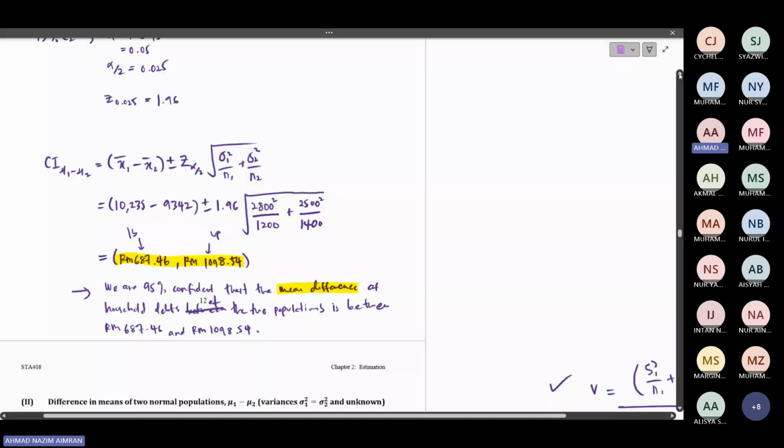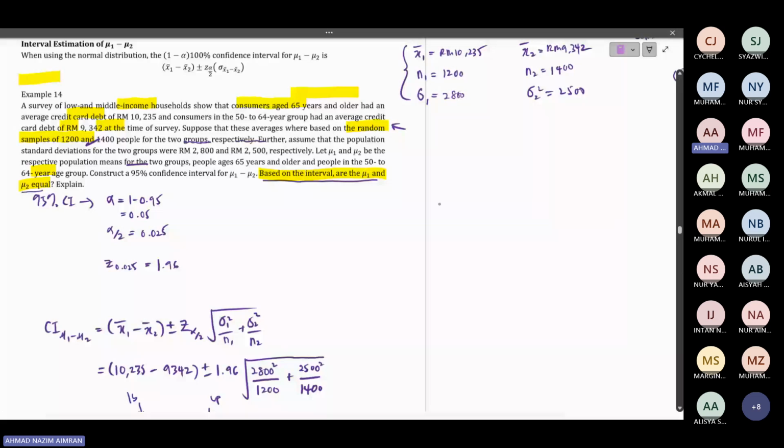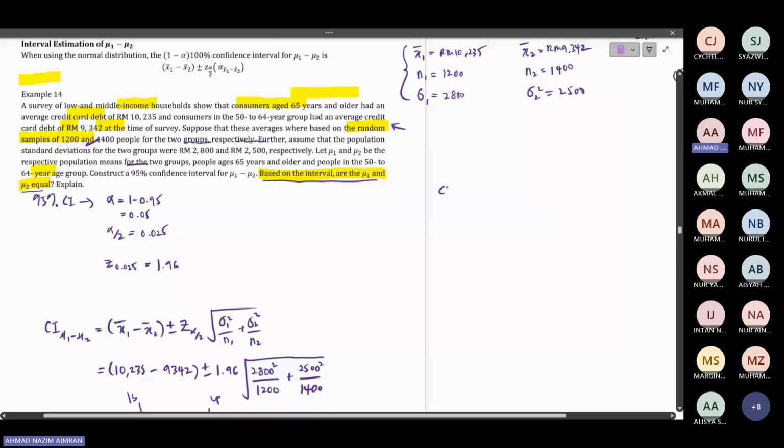Correct. So there are three possibilities when you calculate the confidence interval. The first is you may get negative for the lower boundary and also negative for the upper boundary. Second, you may get negative for the lower boundary and positive for the upper boundary.